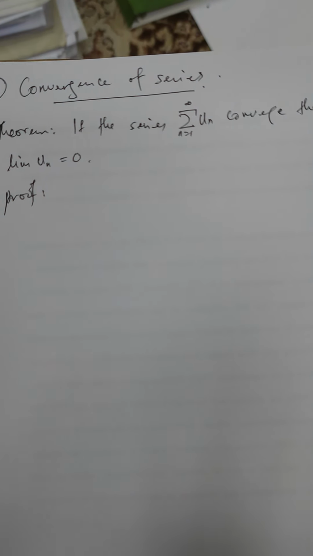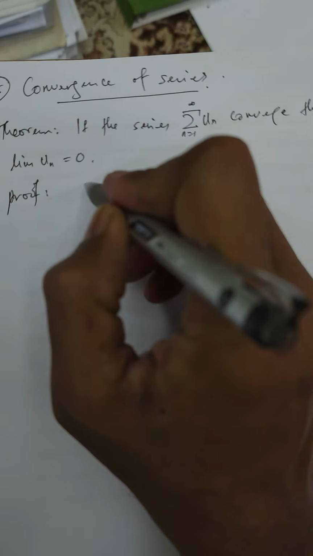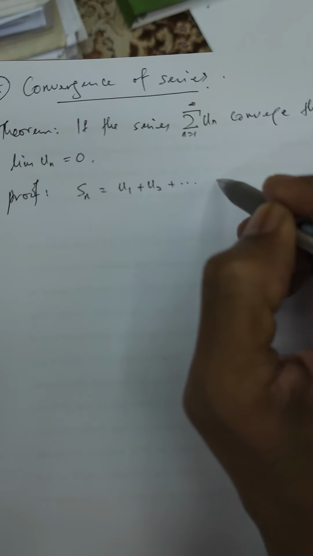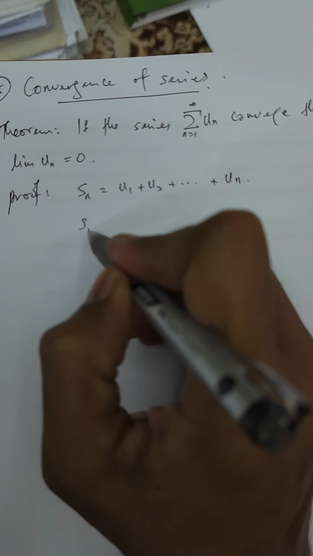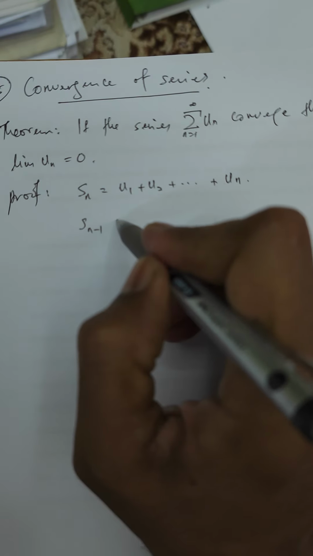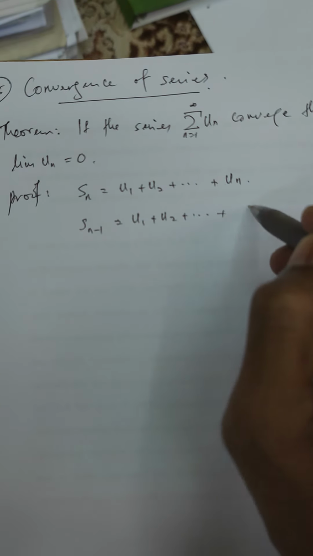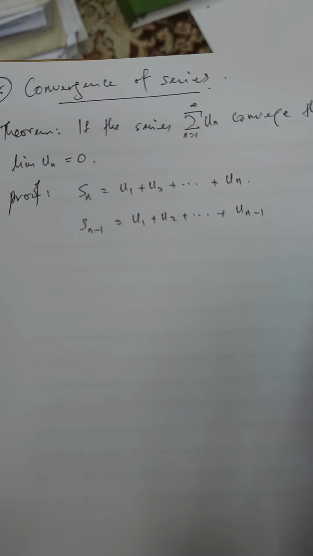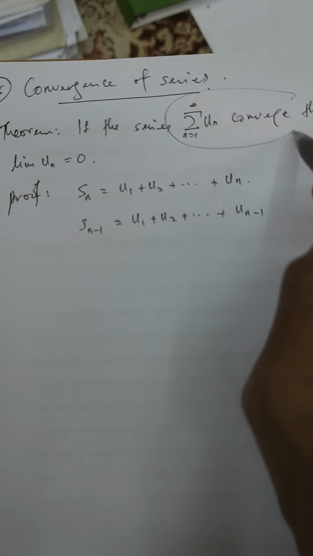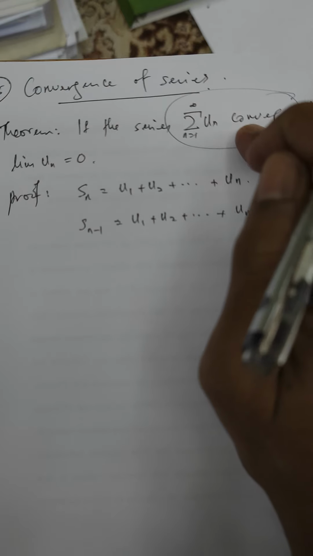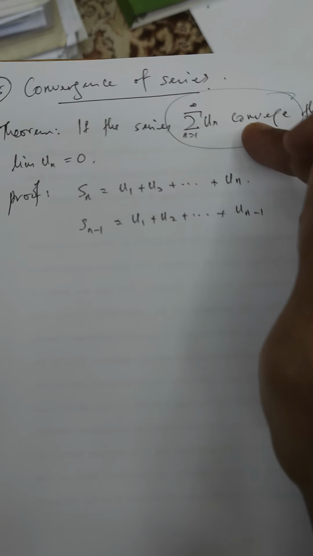Consider the partial sum of that series, Sn, which is u1 plus u2 up to un. If you consider the sum up to n minus 1, we have u1 plus u2 up to un minus 1.